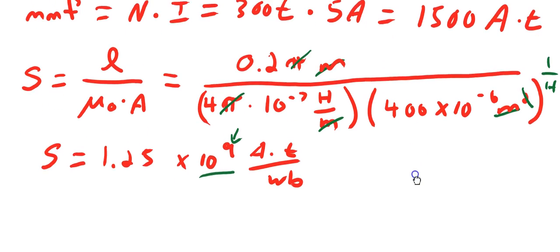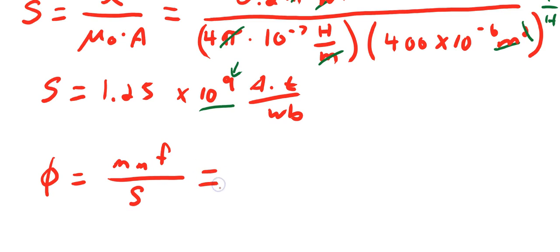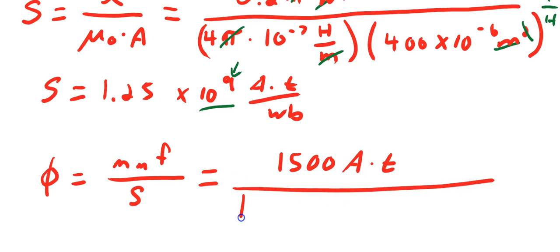Now, magnetic circuit Ohm's law then suggests that the flux produced will be equal to the MMF that produces the flux divided by the reluctance of the circuit. And so the magnetomotive force we calculated above as 1500 amp turns, and we'll divide that now by 1.25 times 10 to the 9 amp turns per Weber.